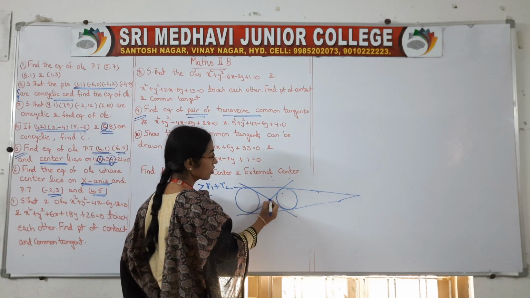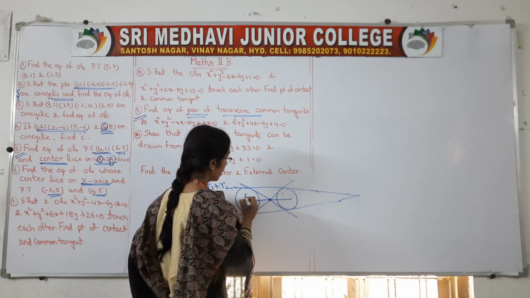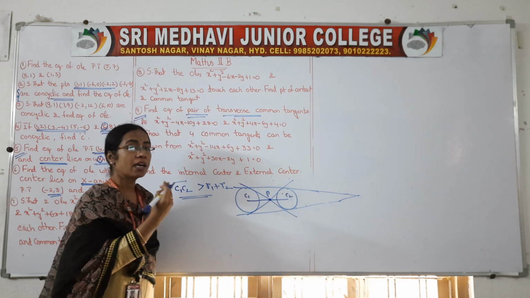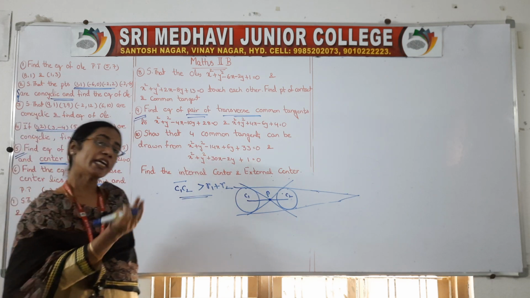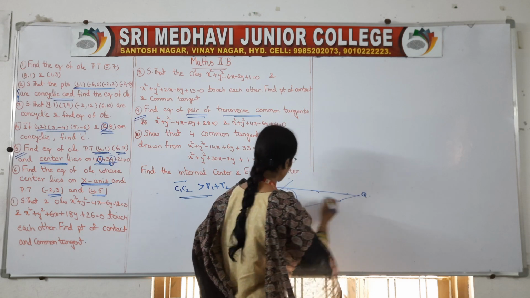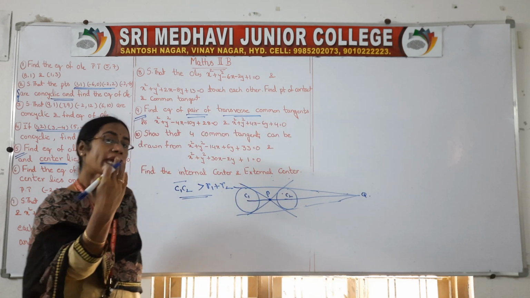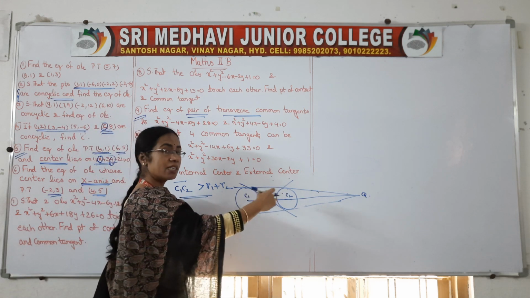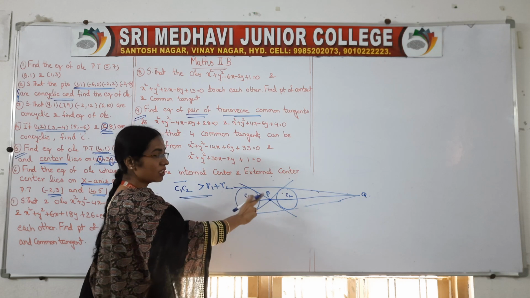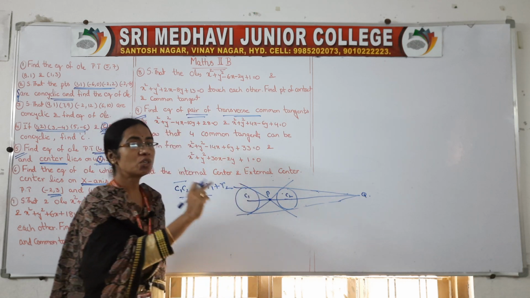The point of intersection of transverse common tangents, P, divides C1, C2 in R1 is to R2 ratio internally, and the point of intersection of direct common tangents, Q, divides C1, C2 externally. Your Q point is external to your C1, C2. So Q divides C1, C2 externally and P divides C1, C2 internally.